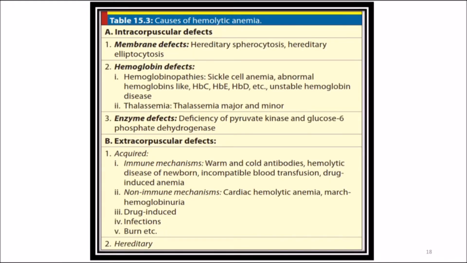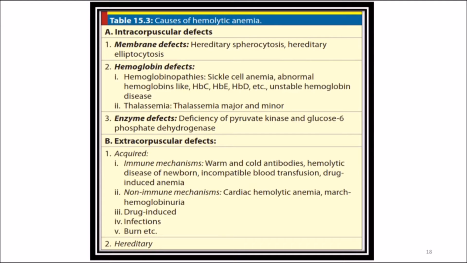What are the causes of hemolytic anemia? Again, there is a list of conditions or defects you can see which cause hemolytic anemia. As I told you earlier, it can be either intracorpuscular defects or extracorpuscular defects. Intracorpuscular defects can be due to membrane defects, hemoglobin defects, or enzyme defects.